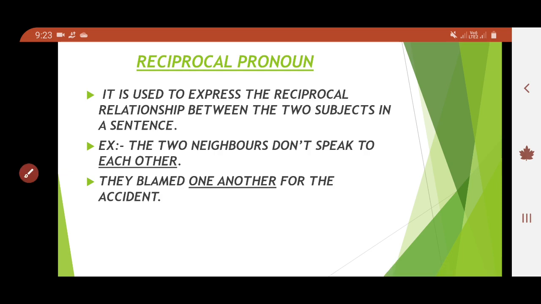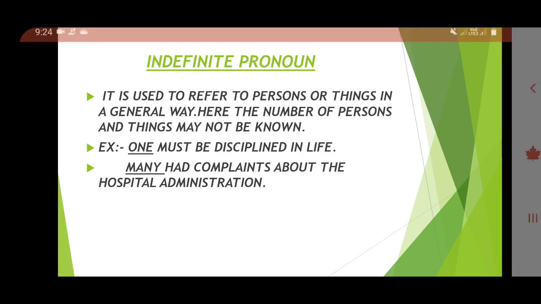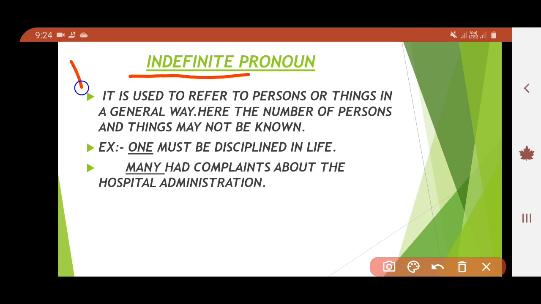Okay, now let's go to another pronoun, the indefinite pronoun. That means it is not definite. It is used to refer to persons or things in a general way. It does not talk about one particular thing or one particular person.